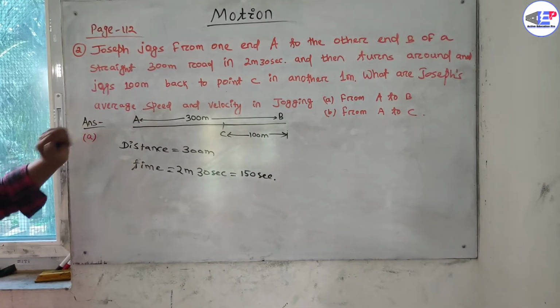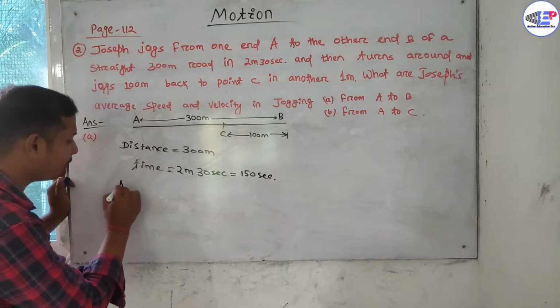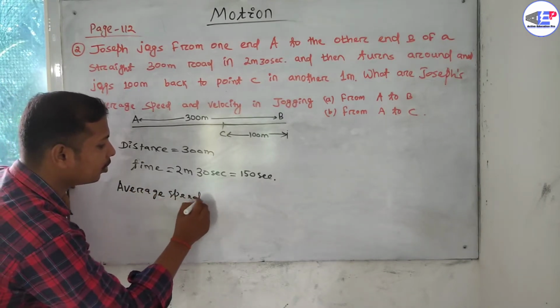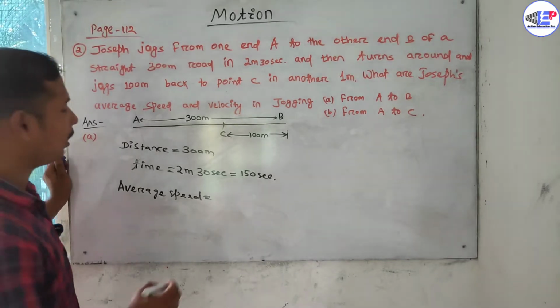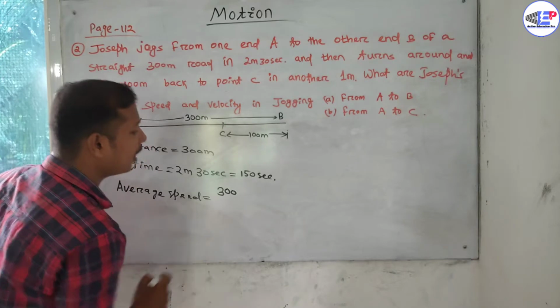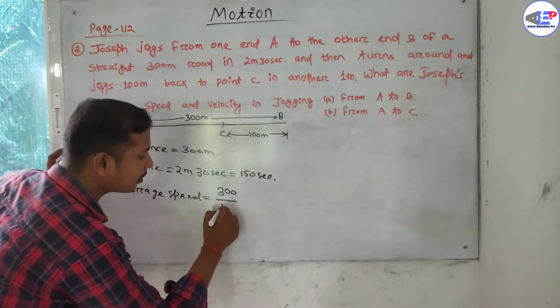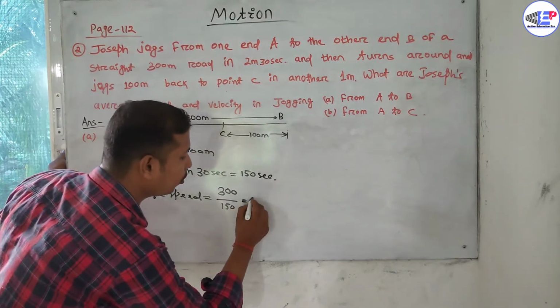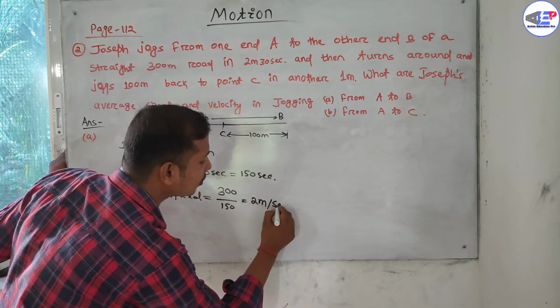We have to find out the average speed. We know that average speed is total distance by total time. Here total distance is 300 meter and total time is 150 seconds. So average speed will be equal to 2 meter per second.